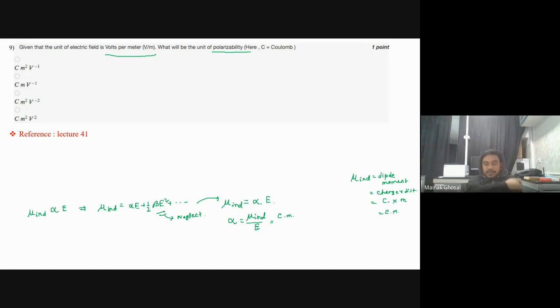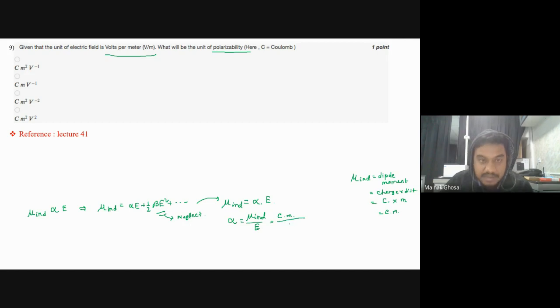So mu induced, which is the dipole moment, is the multiplication of charge and distance. If you represent charge as coulomb and distance as meter, mu induced will have unit of coulomb meter. Okay.